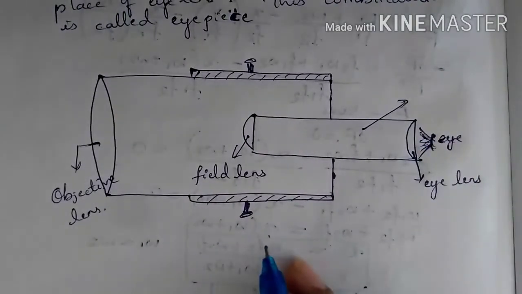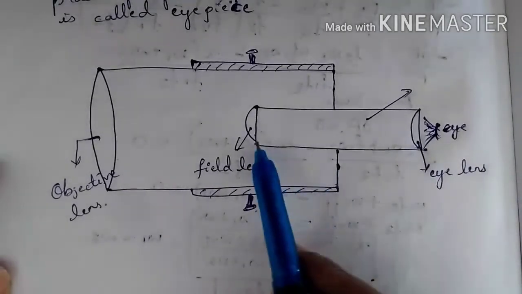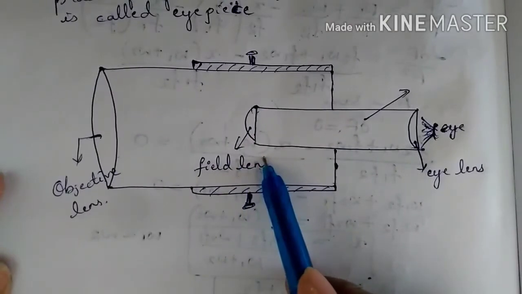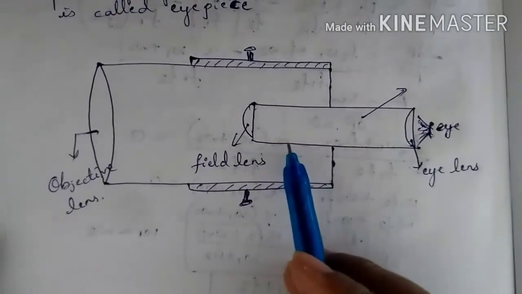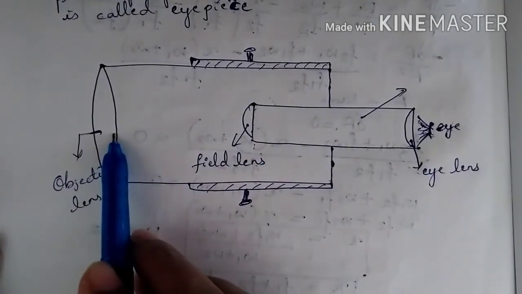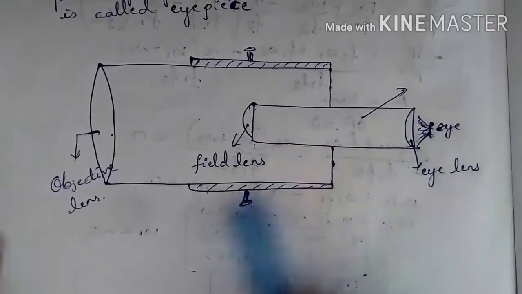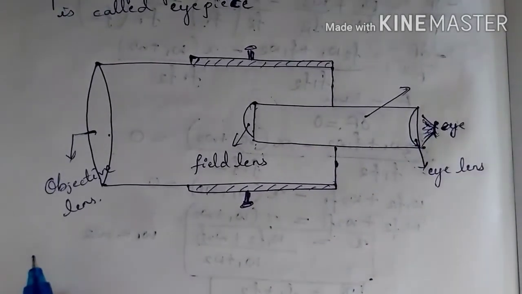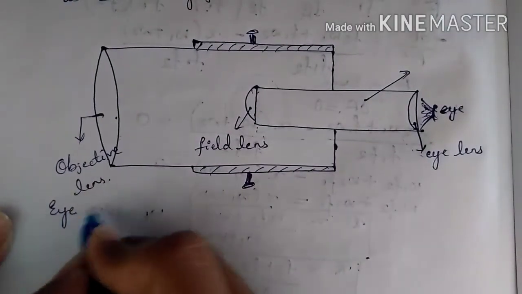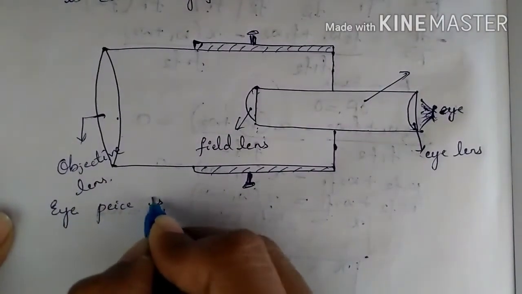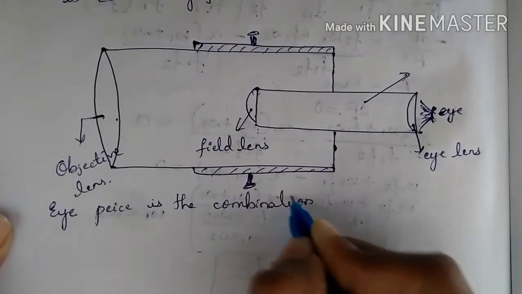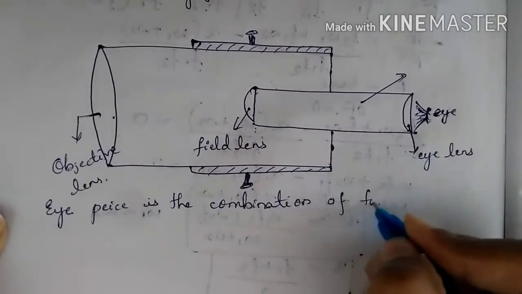So this is the eye. The eyepiece has two lenses. The first lens here is the field lens and the second lens is the eye lens. The field lens is kept closer to the objective lens and the eye lens is kept far from the objective lens. So the eyepiece is a combination of two lenses.